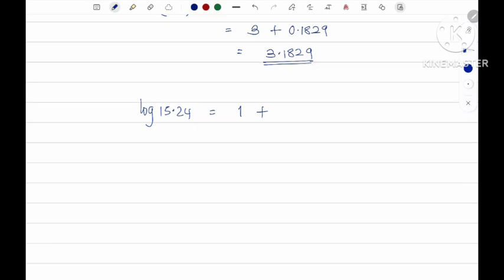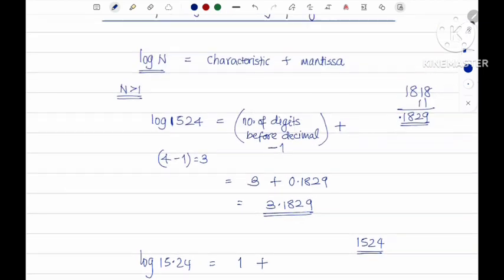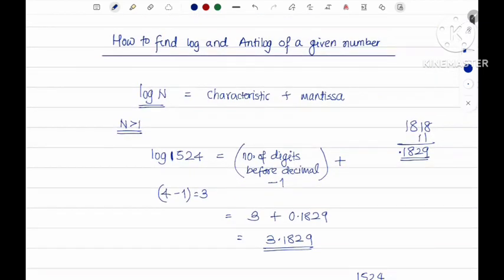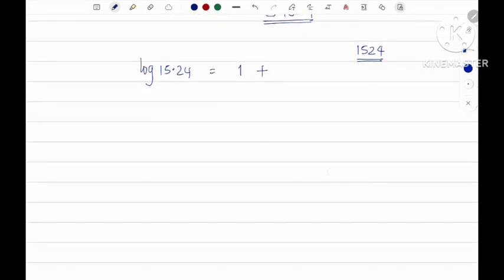For the mantissa, what we shall do? We will remove the decimal from the number. The number will become 1524. And we will see under 15th row, second column and addition 4. So the mantissa will be same as the previous question, 0.1829, which will be equal to 1.1829.